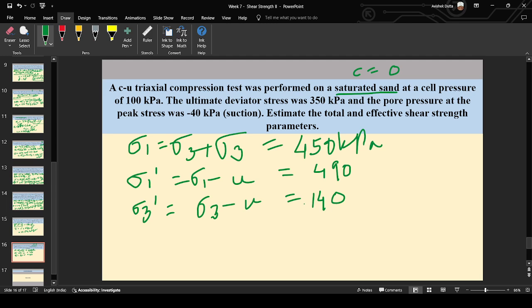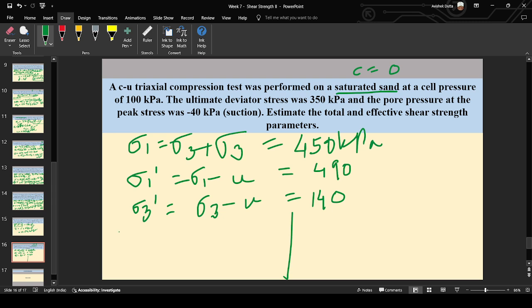Now we shall use two equations. The first one, for the total stress parameter: sine phi equals sigma 1 minus sigma 3 divided by sigma 1 plus sigma 3.